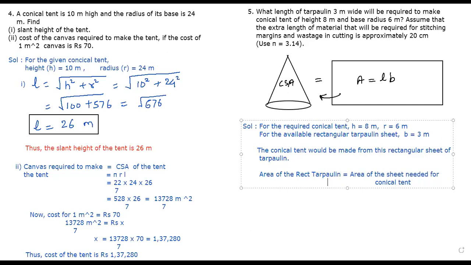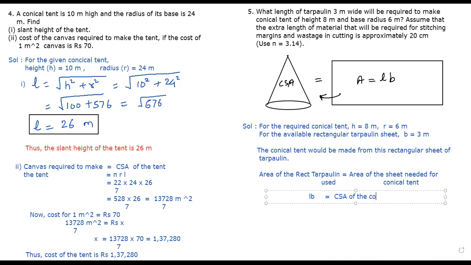Area of rectangular tarpaulin used is equal to area of the sheet needed for conical tent, and that is equal to LB. Area of tarpaulin used will be LB, which should be equal to CSA of the cone. Let me put the values. Length into 3 is equal to pi RL. Yes or no? Yes.